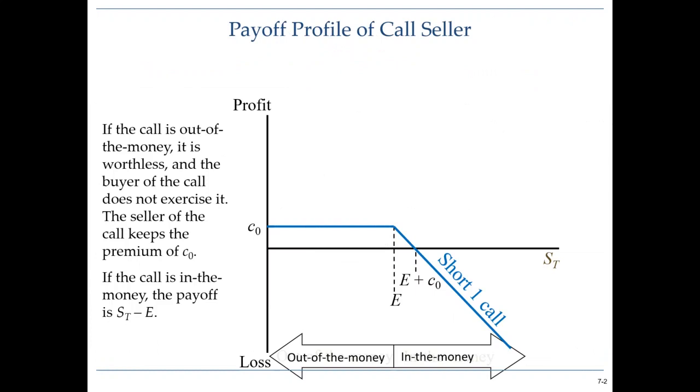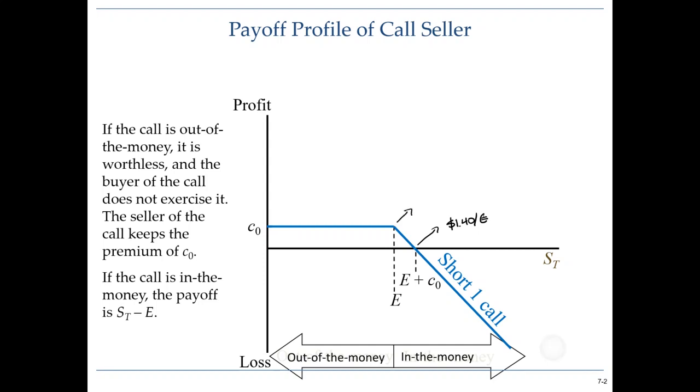So if we were to take a look at the payoff profile of the call seller on the figure, this is what it looks like. This is our break-even point of $1.40. So for all future spot rates higher than $1.40, the call seller loses money.